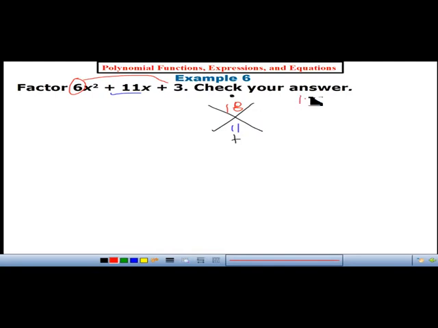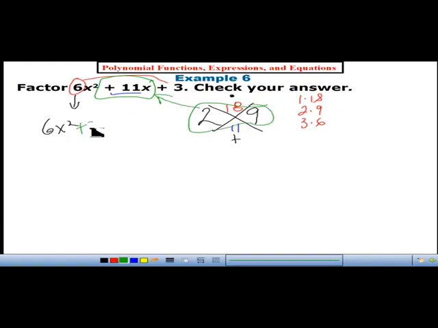Factors of 18 are 1 times 18, 2 times 9, 3 times 6. Which one of those pairs adds or subtract to give us 11? Yeah, 2 and 9. We rewrite the first term. We rewrite the second term, but the second term, instead of writing 11, becomes what? 2x plus 9x. Then you bring down the last term here.